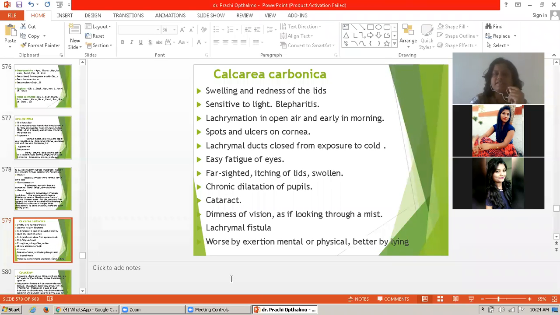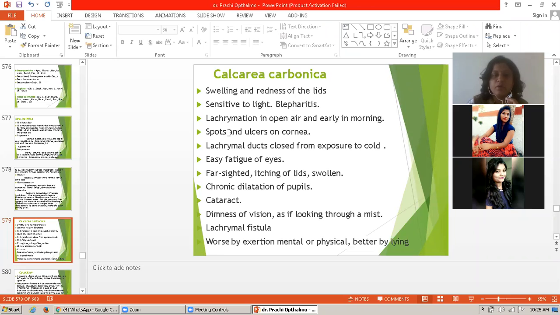So next one is Calcarea carb. Calcarea carb is a very deep acting and chronic remedy in homeopathy which shows that there is a swelling and redness of the lid which are sensitive to light, and blepharitis with lacrimation in open air and early in the morning.